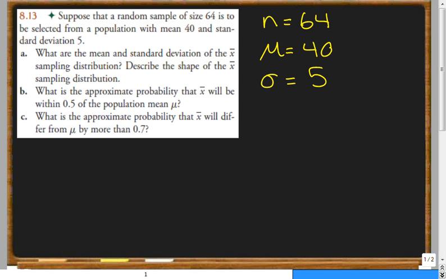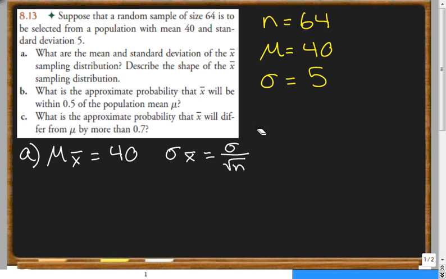Okay, so for A, we know that the mean of our sampling distribution is the same as our regular mean, so this is just going to be 40. The standard deviation of our sampling distribution is the standard deviation over the square root of n.